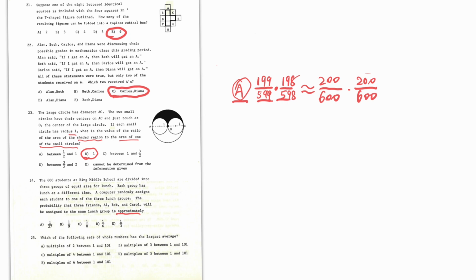Cancel the zeros, cancel 2, that's 1 over 3. So 1/3 times 1/3 is 1 over 9. So the answer is B.